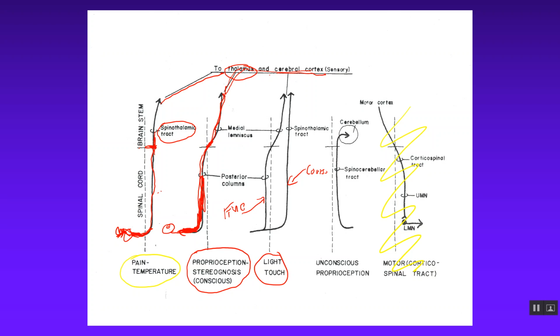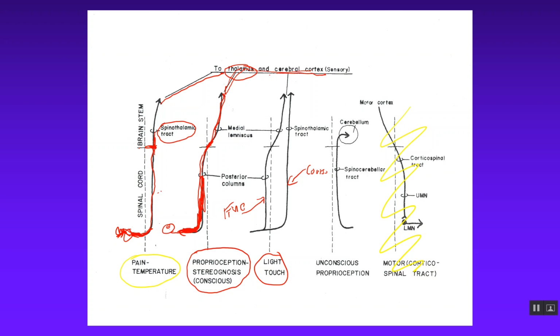Unless you're very good about how you test that, if you just say, tell me if I'm touching your arm or your leg, they may have an intact anterolateral spinothalamic tract that gives them that coarse touch sensation, but their dorsal column may be messed up and you never tested that because you just tested coarse light touch. You didn't test discriminative light touch.